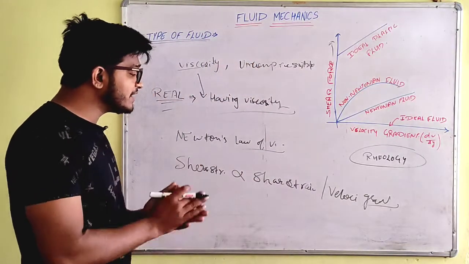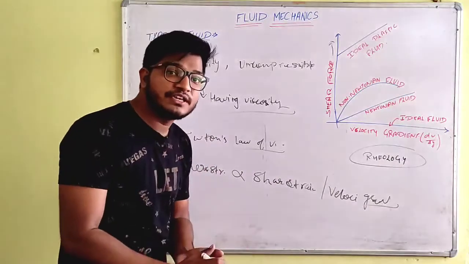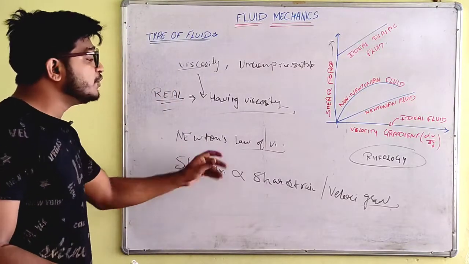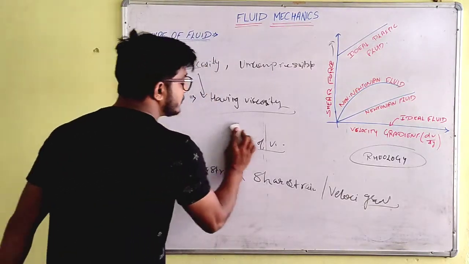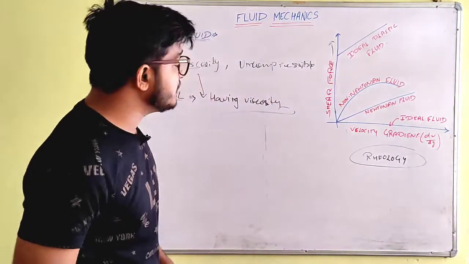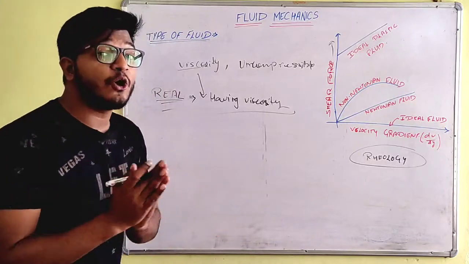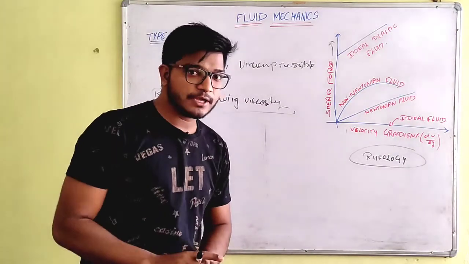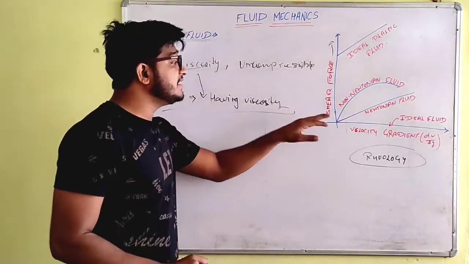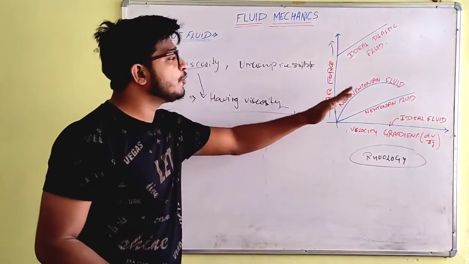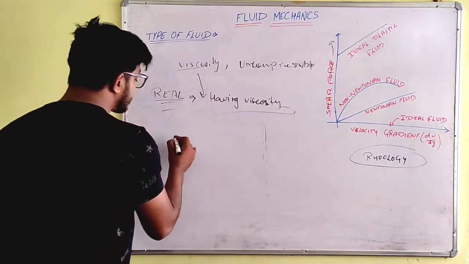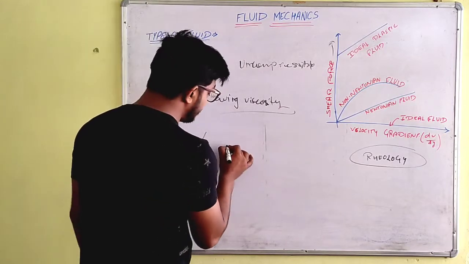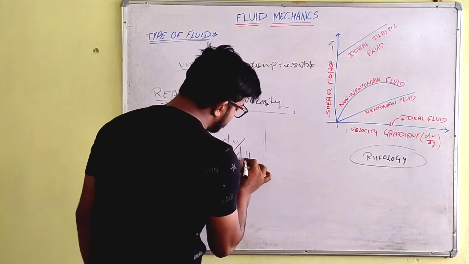Examples of Newtonian fluids are kerosene, diesel, water, mercury, and other such fluids. Now the non-Newtonian fluids are the type of fluid which do not obey Newton's law of viscosity. Both of these are real fluids and both have viscosity, but the Newtonian fluid obeys the law, while the non-Newtonian fluid doesn't, which means the shear stress is not proportional to the velocity gradient, or shear strain.